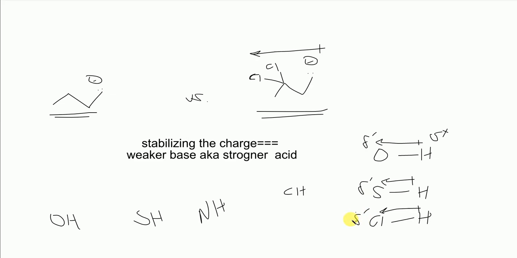It's just a symbol for partial. Partial negative, partial positive. So when I make something partially positive, it's making this hydrogen more acidic. And all this means that something that's negative and needs to stabilize itself is going to be more readily able to attack that hydrogen and abstract it.